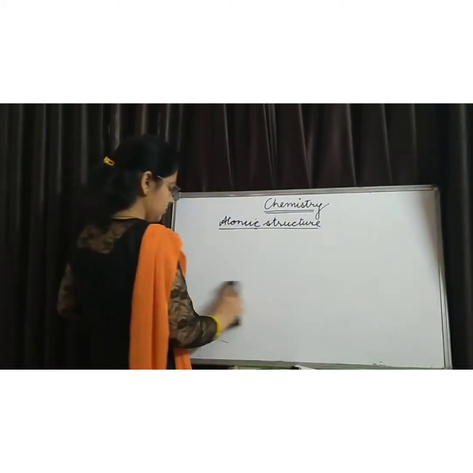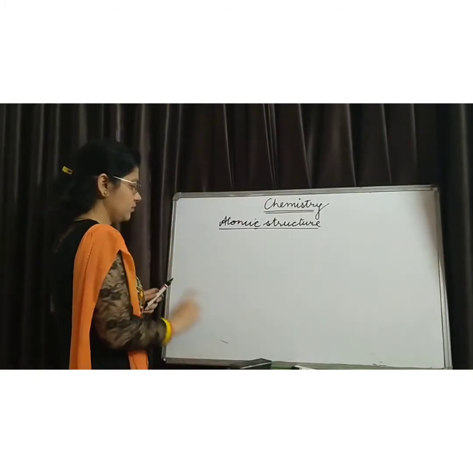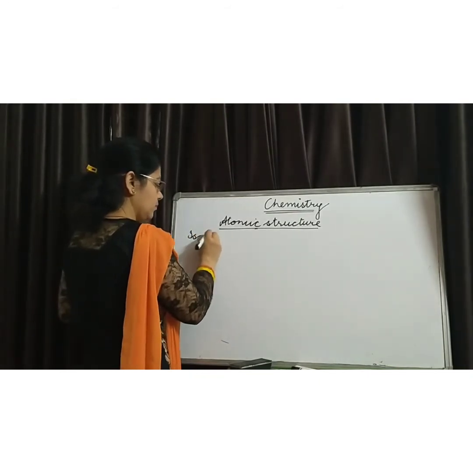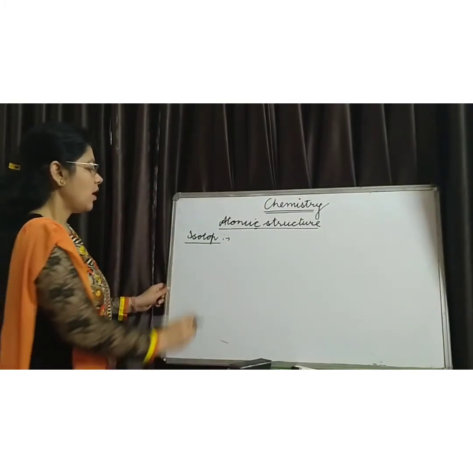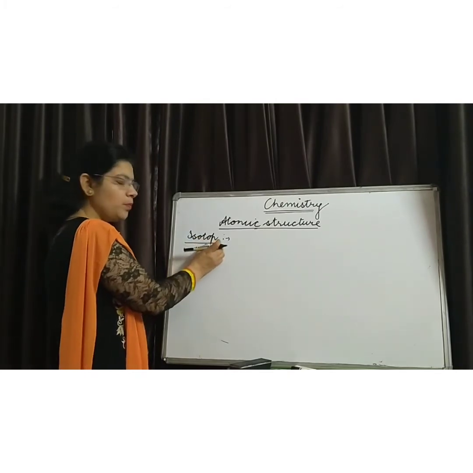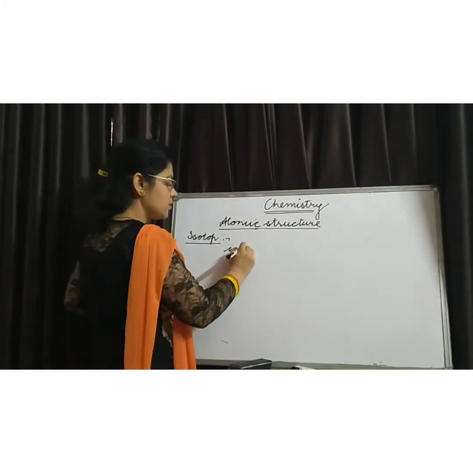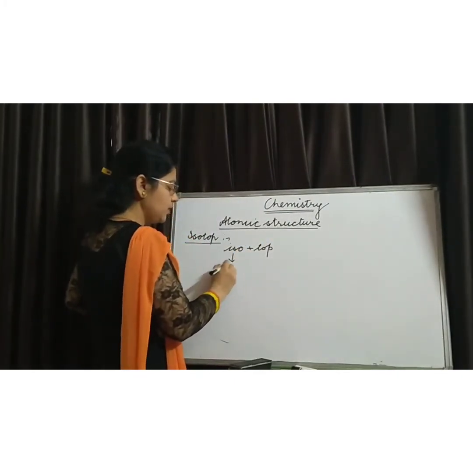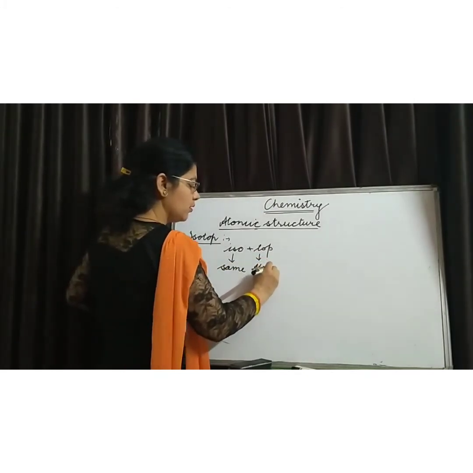Next is isotopes. What do you mean by isotope? The word isotope is made up of two words, iso plus tope. The word iso means same and tope means atomic number.